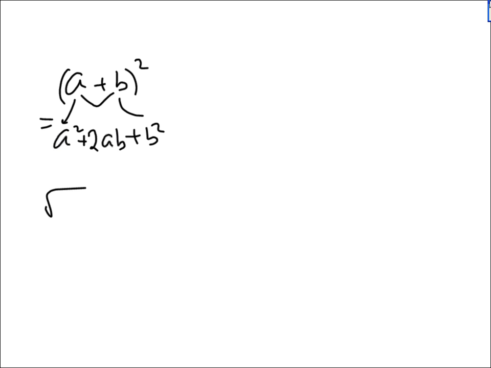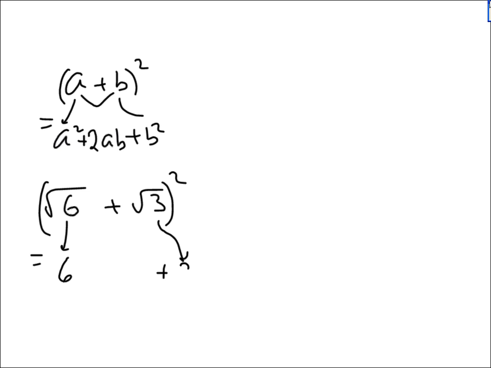Now, if you have the square root of 6 plus the square root of 3, and you're being asked to square it, yes, you do get that square, which is 6, plus, yes, you do get that square, which is 3. But in the middle, you get 2 times this times that. This times that is the square root of 18. And we just dealt with the square root of 18.